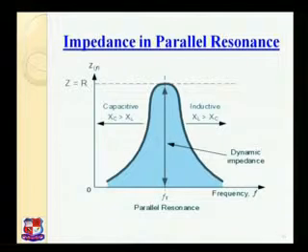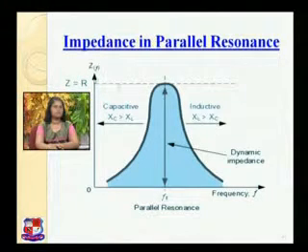This is the diagram which shows the variation of impedance in a parallel resonance circuit. As shown in the diagram, on the x-axis there is frequency, on the y-axis there is the impedance of the circuit.